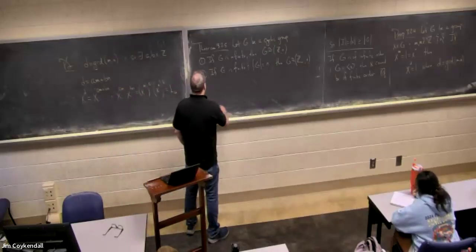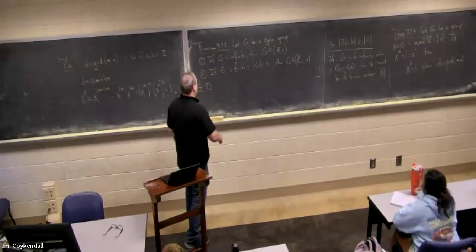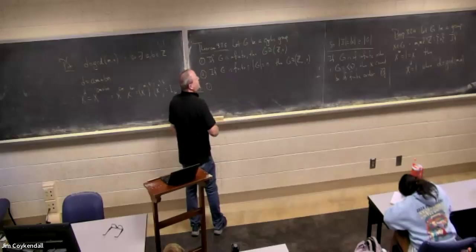Okay, so I'm going to write G. I'm going to prove one. Maybe I'll do two as an exercise because it follows very much from one, or it's very similar in spirit.